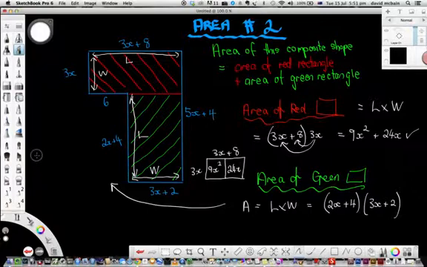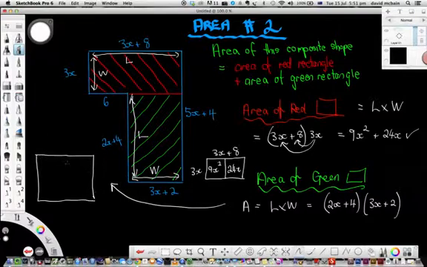So we're going to use our box method to multiply that expression. So it's going to be 2x plus 4 along the top, that's the first bracket, and 3x plus 2 down the side.